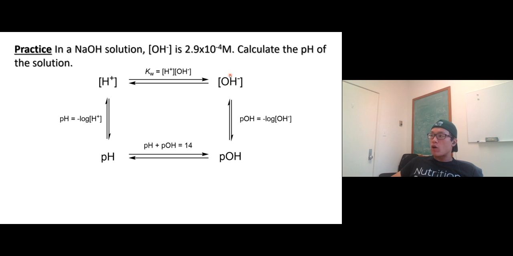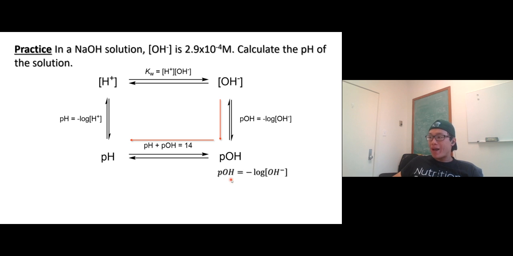You can go from concentration of hydroxide ion to the concentration of proton, and then go down to pH. But for the sake of practicing, we'll talk about pOH. So I'm going to go down here to the pOH, and then go to the pH. From the concentration of hydroxide ion to the pOH.